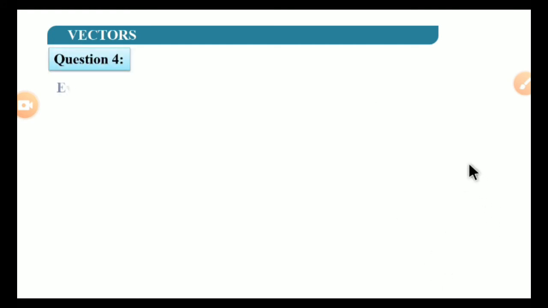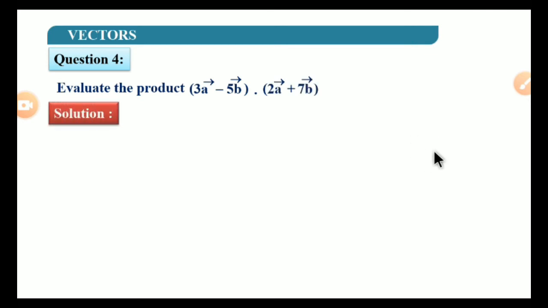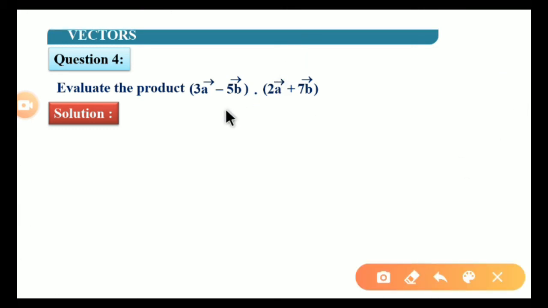Now go for the next problem. Evaluate the product (3a minus 5b) dot (2a plus 7b). Now for the solution, here we have to make the dot product of these two terms by using 3a dot 2a, similarly 3a dot 7b, and also minus 5b dot 2a and minus 5b dot 7b.